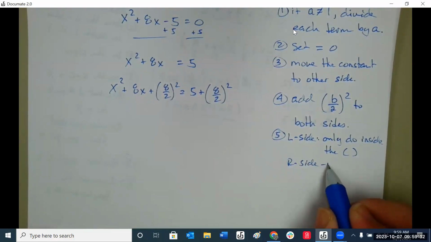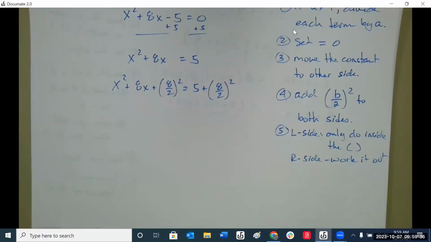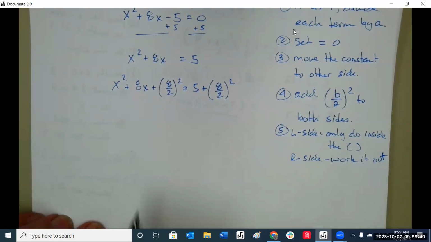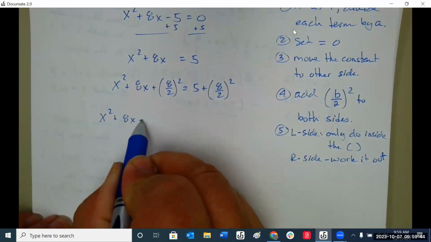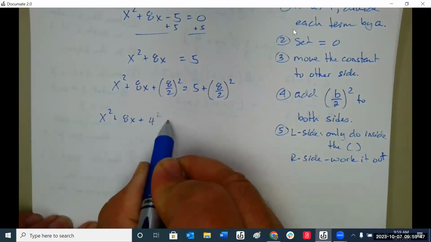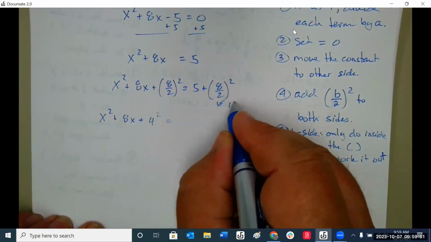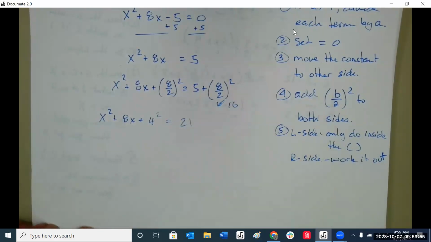Right side, work it out. So this would be 4 squared, which is 16. 5 plus 16 is 21.